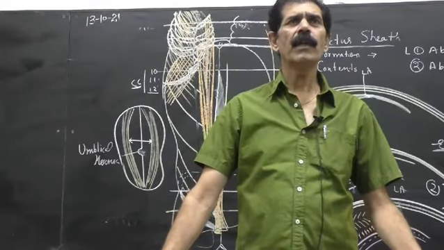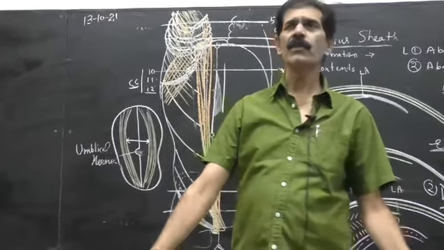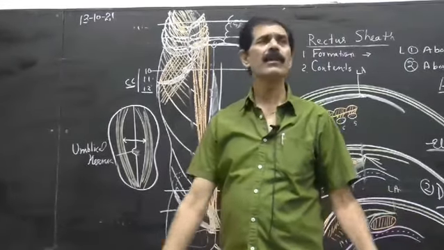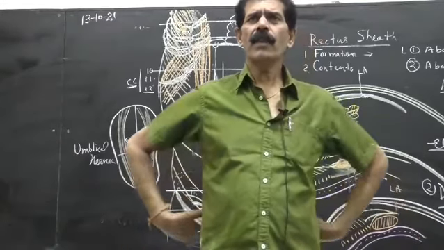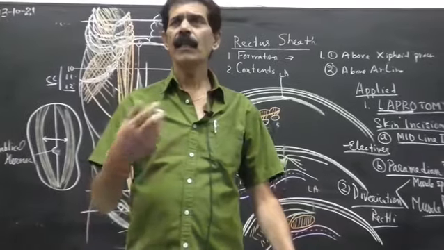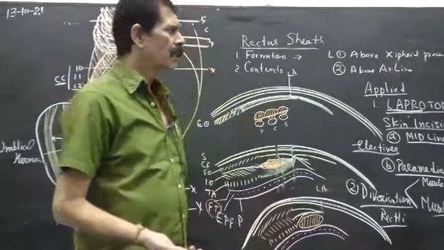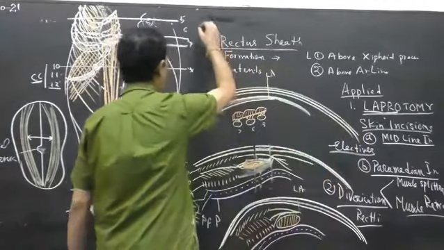We know the ectoderm forms the epidermis of the skin. The mesoderm forms the dermis of the skin. So the right and left ectoderm meet in the midline ventrally. The dorsal part is already there.